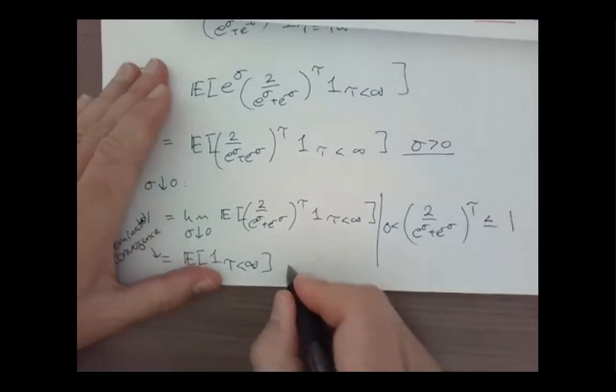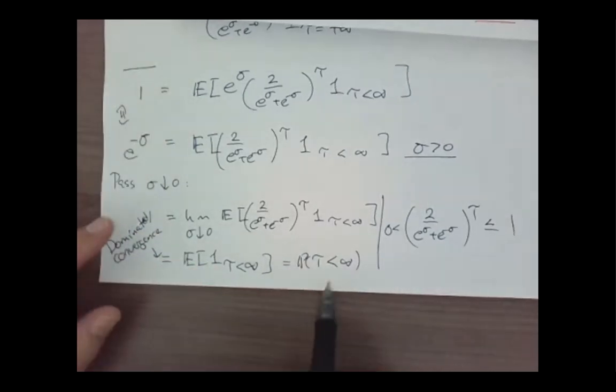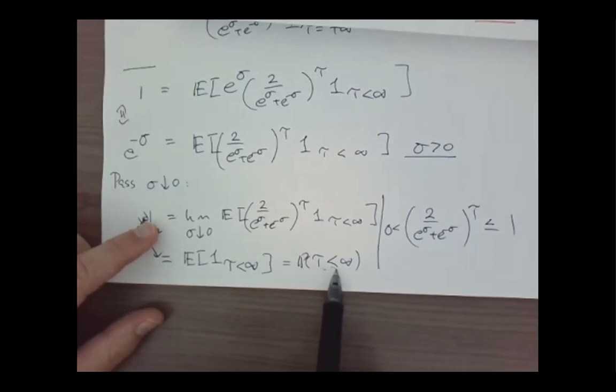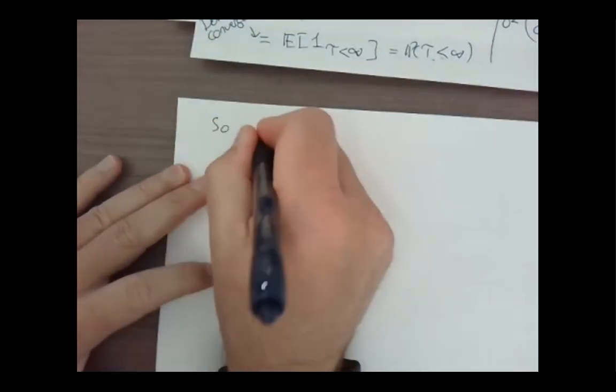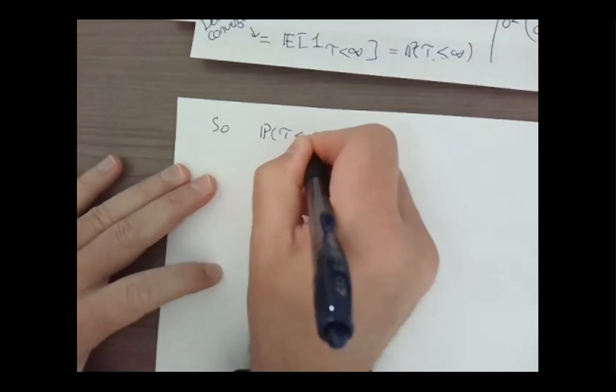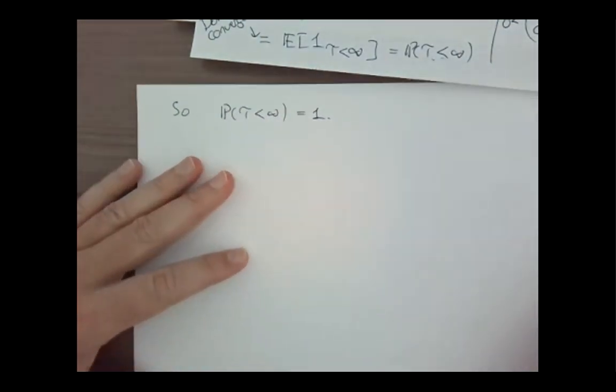And of course, the expectation of the indicator is the probability that tau is finite, so that's equal to 1. Okay, so we learned something: the probability of reaching the level 1 in finite time is 1.